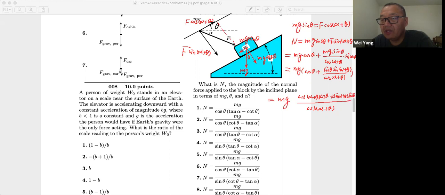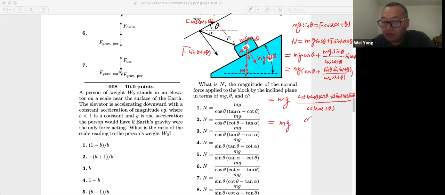Look at this. Then we can use some formula for the angles. We can convert the sum of the products to the sum of angles. Then we can get this one, mg.